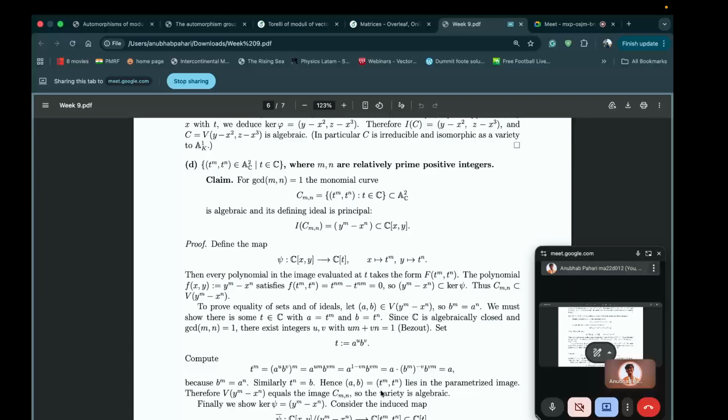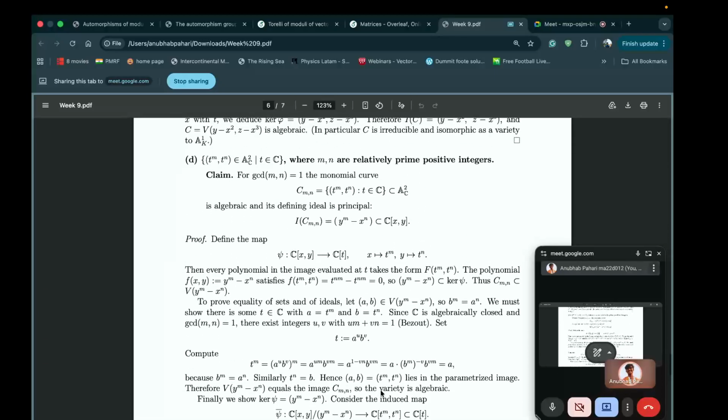For gcd(m, n) = 1, the monomial curve C_{m,n} = {(t^m, t^n) : t in C}, which is contained in A^2(C), is algebraic and its defining ideal is principal, which is I(C_{m,n}) = (y^m - x^n) in C[x, y]. So we have to show that this is an algebraic set. You can try this for 2-3 minutes, then you can start.